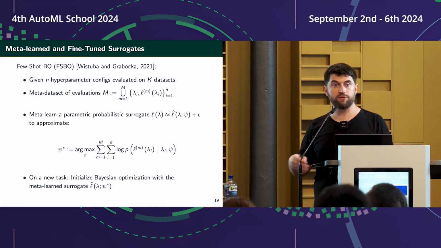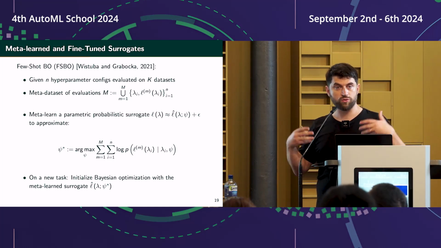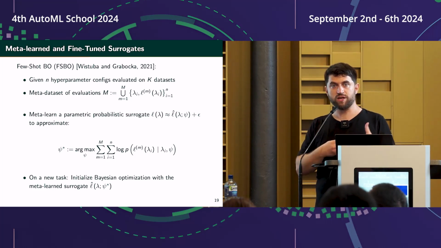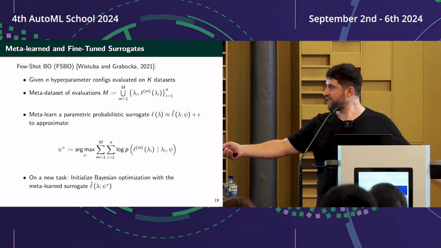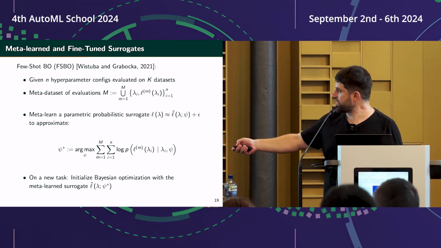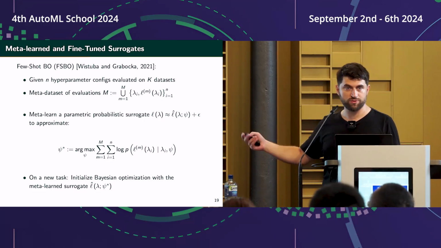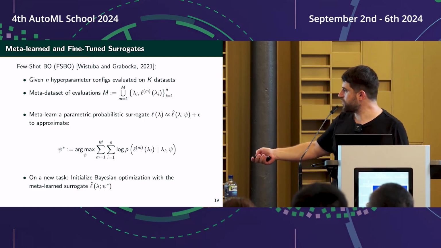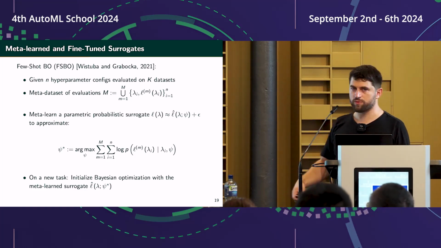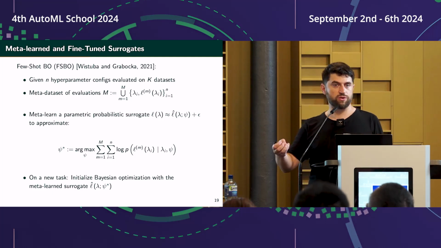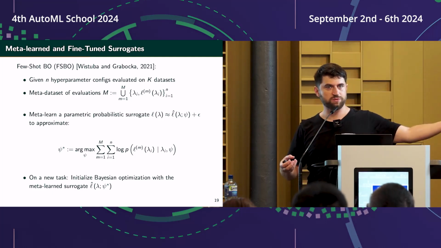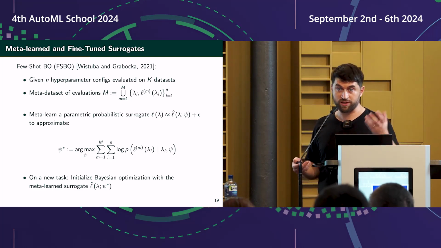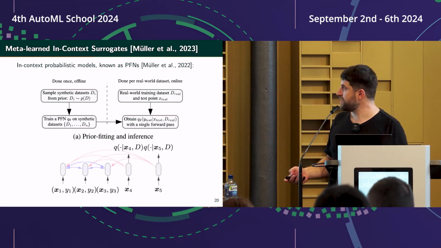So a very simple meta-learning setup. You want to estimate the performance of configurations across different data sets, and you have an expectation across all the data sets and all the observations in your metadata set. And then on a new task, we initialize the Bayesian optimization not with a random surrogate, but a surrogate that was meta-learned from previous performance functions on other data sets.